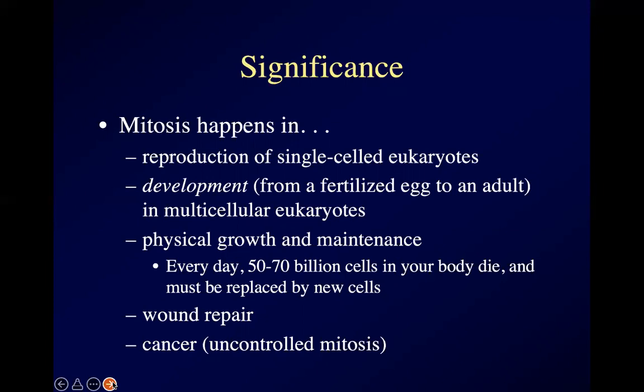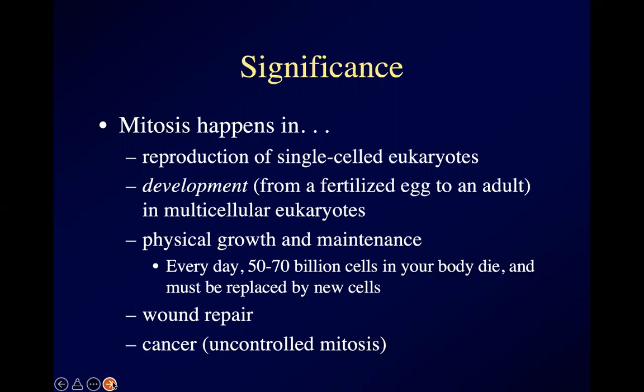All of your cells, with a couple of key exceptions, were produced by mitosis, and they all ultimately go back to the single fertilized egg that started out you, that started the development of your body. All of those cells, except for a couple, came about through mitosis.